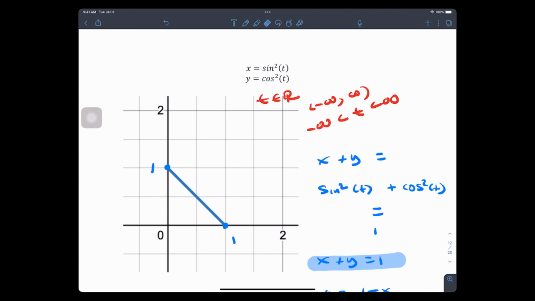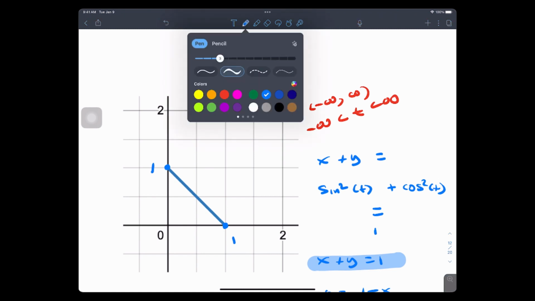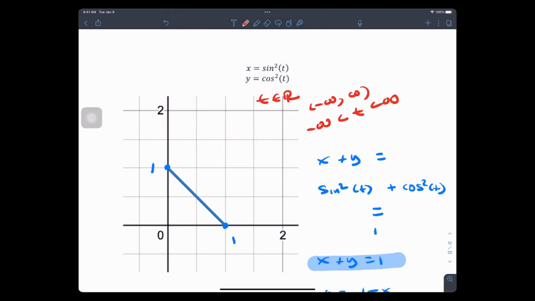T could be 0. When t is 0, what's x? Isn't that 0? This happens when t is 0. Sine squared of 0, that's sine of 0, which is 0, 0 squared. So my x value is 0. And then cosine squared of 0 is 1. So this happens when t is 0. I'm right here. But I don't have an initial point. I don't have a terminal point.